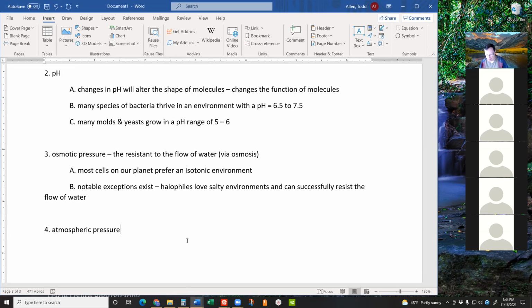At any rate, most of us live our lives on the surface of the planet. None of us are living a mile down underneath the soil. And for the most part, most of us don't live our lives up on the top of Mount Everest, although theoretically that would be possible. So most of us live at sea level atmospheric pressure, including the microbes on our bodies and the surface of the soil and things like that.